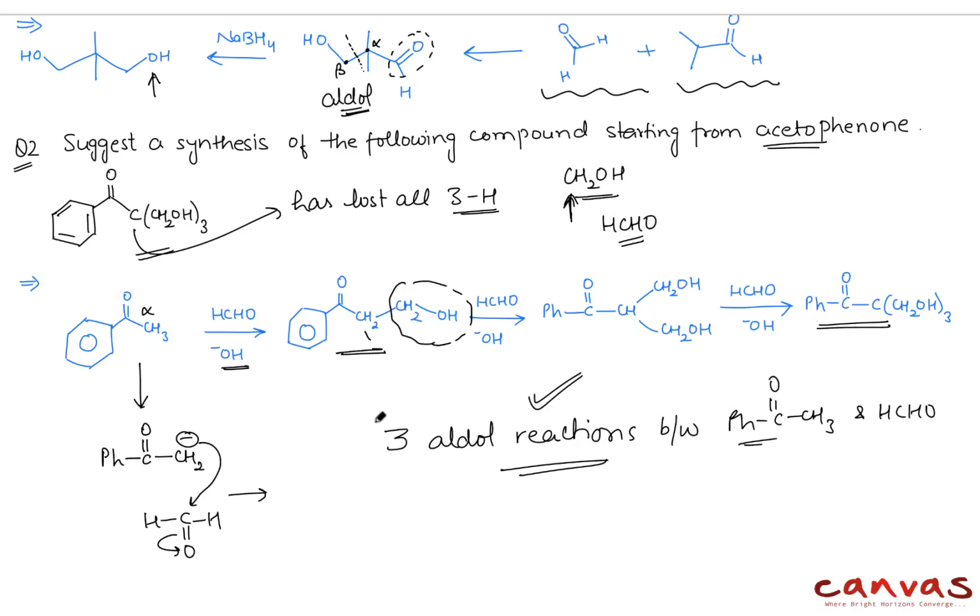Okay, three steps. So this kind of question can be asked in the JEE. This year also in the JEE Main they asked a question where the options were whether the formation of this particular compound will involve 3 aldol plus 1 Cannizzaro, 2 aldol and 2 Cannizzaro, kind of that. Okay, so you need to understand this kind of mechanism.